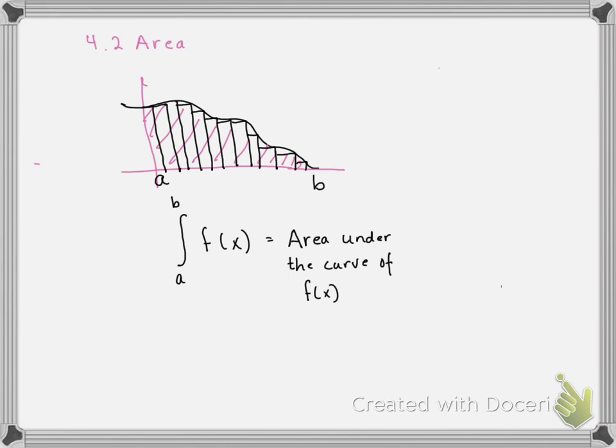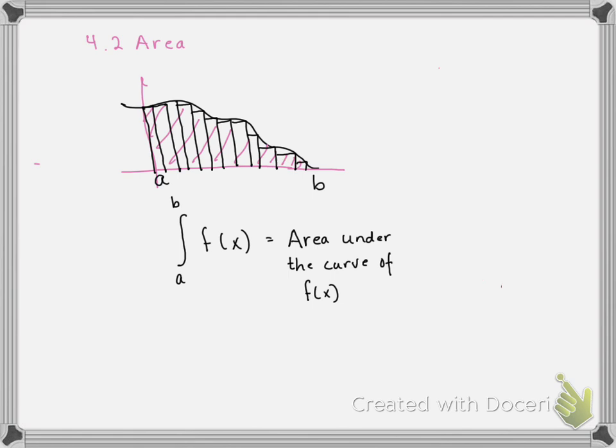If we knew how wide each of those rectangles was, and how tall each of those rectangles was, if we added all the areas of those rectangles together, we would get a pretty good, decent-ish approximation of the area under that curve.